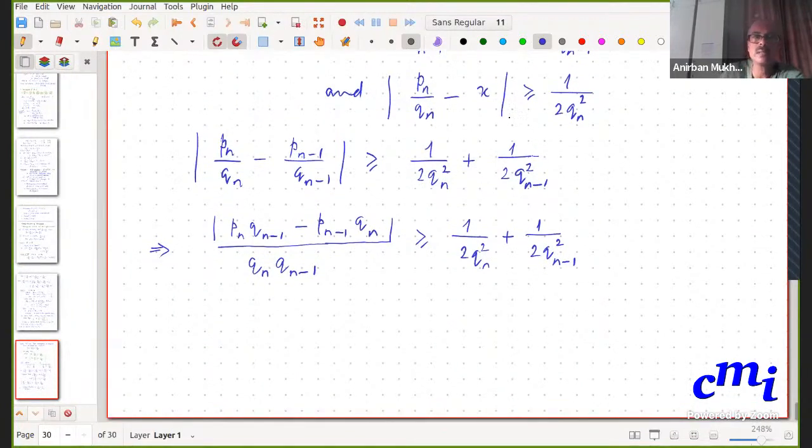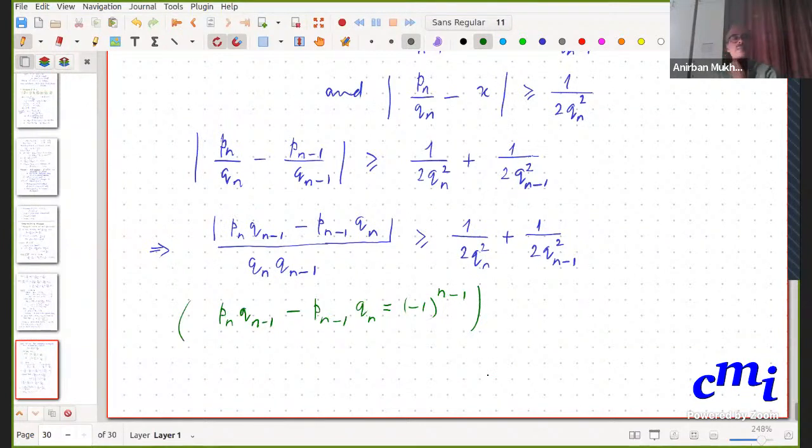Now, just recall the equality we always use, that Pn Qn minus 1 minus Pn minus 1 Qn is just plus or minus 1. So in absolute value, the numerator of the left hand side is just 1.